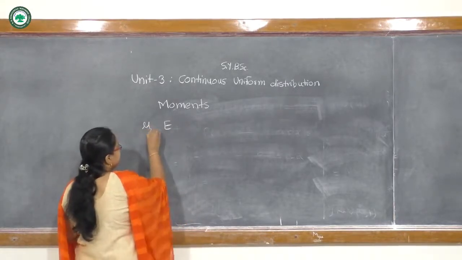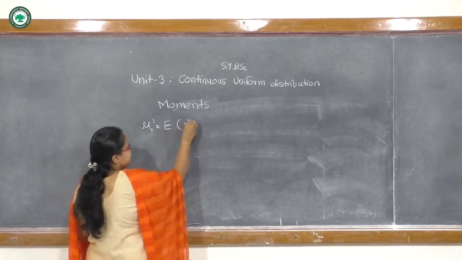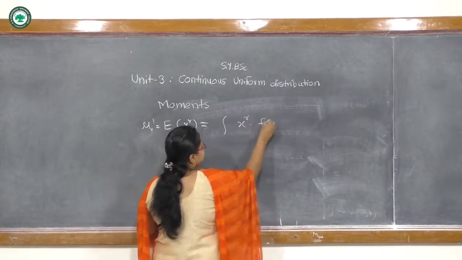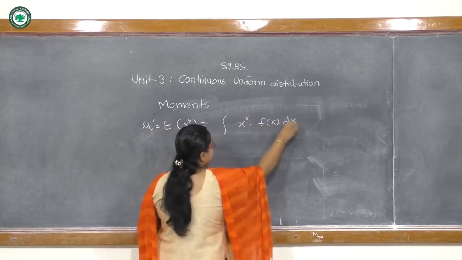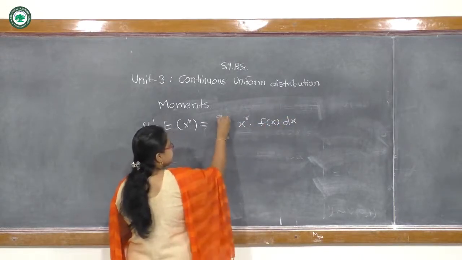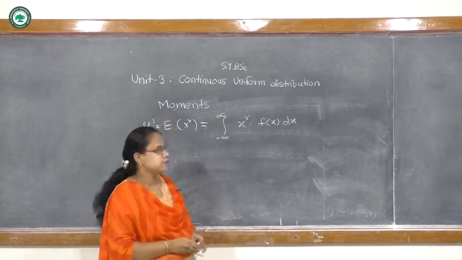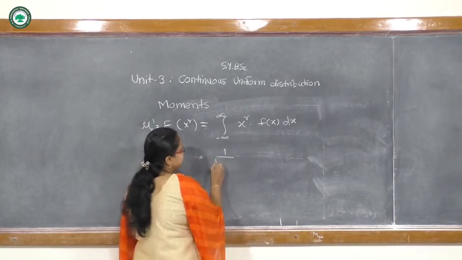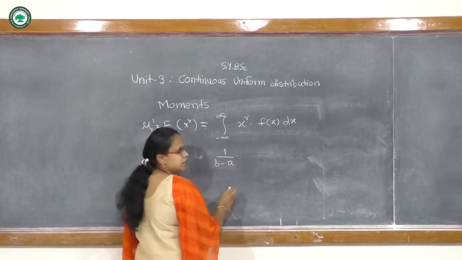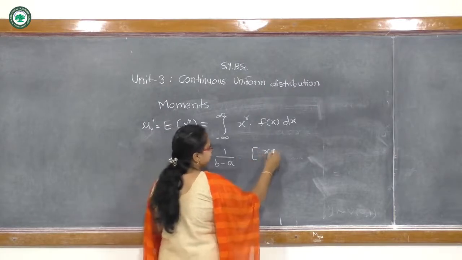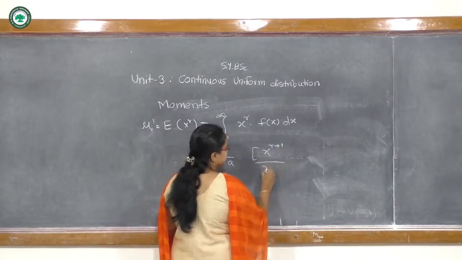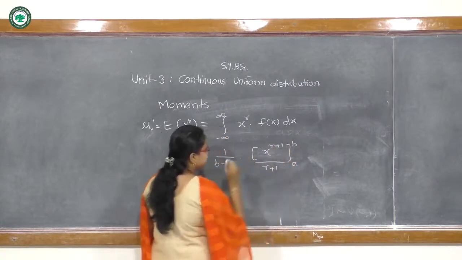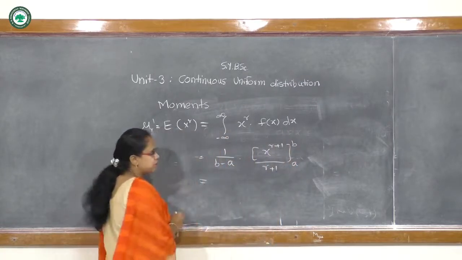The formula for mu r dash is expected x raised to r, so this is the integral of x raised to r into f of x dx. Since we are finding these moments for the uniform distribution, let's put f of x as 1 upon b minus a, and integrate x raised to r from a to b, because that is the range of the uniform distribution.